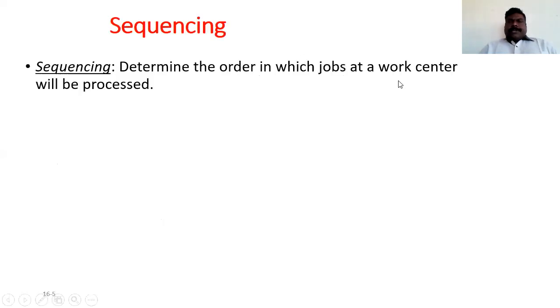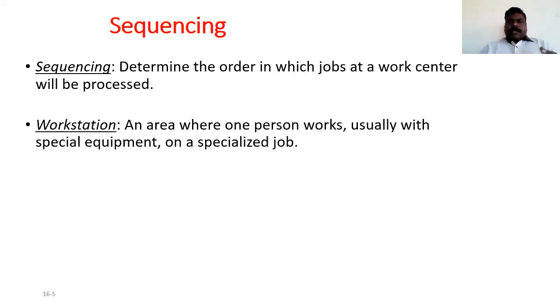Job sequencing, which we introduced in the earlier class, is determining the order in which the jobs at the work center will be processed. If we want to process, then we need to sequence it. A workstation is an area where one person works, usually with special equipment on a special job, meaning a man on a machine.